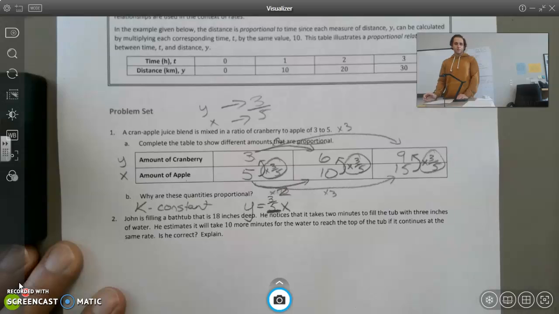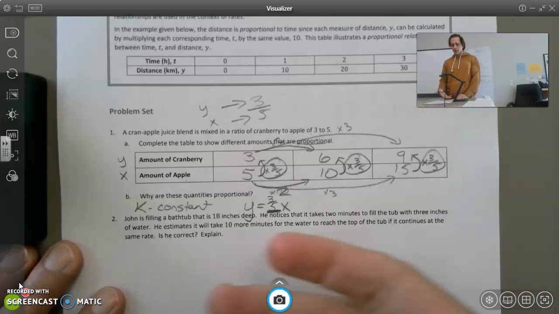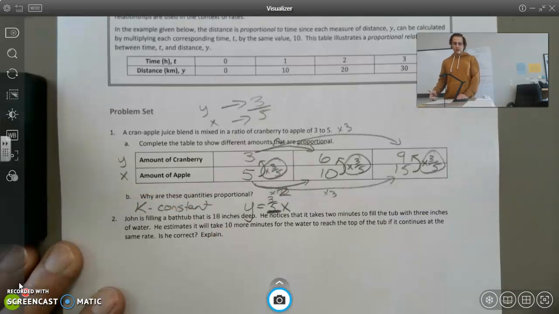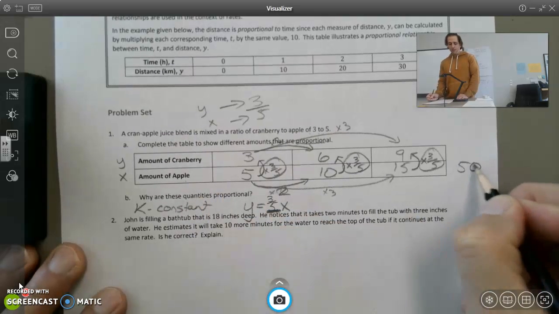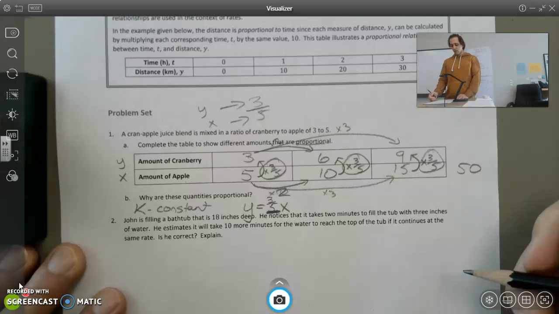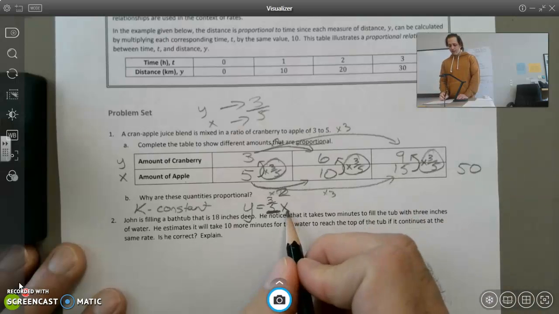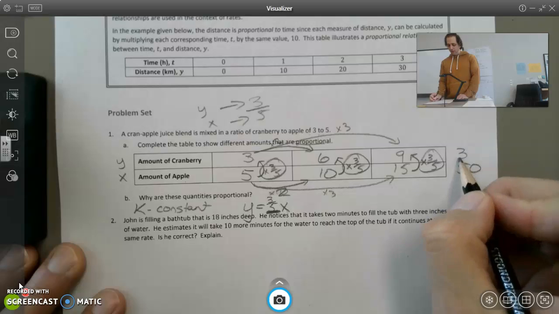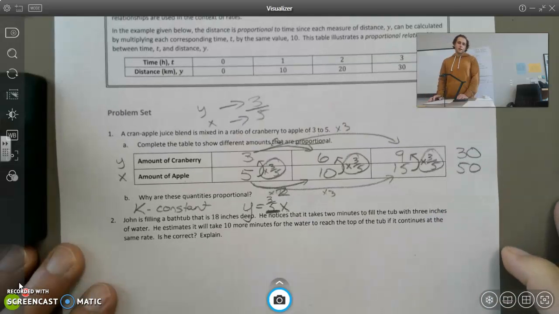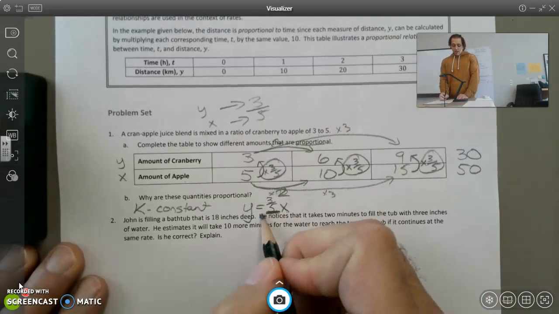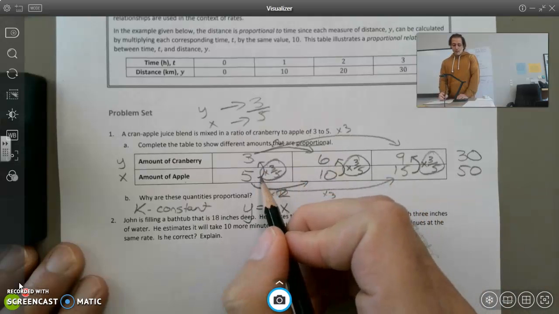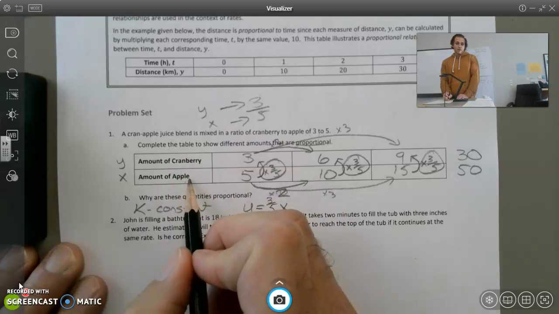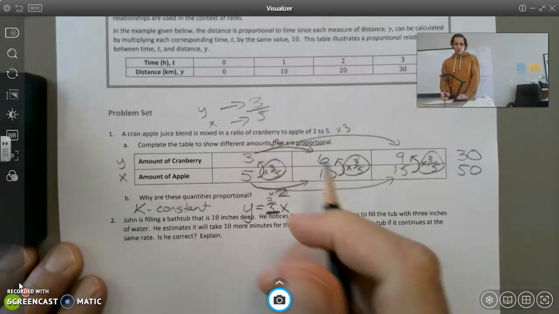So Y is equal to 3/5 X. And I could use that for any value now. If I wanted to have 50 parts of apple juice, I could say 50 times 3/5, and I would have 30 parts of cranberry juice. So 3/5 is the constant of proportionality that connects my amount of apple juice to my amount of cranberry juice.